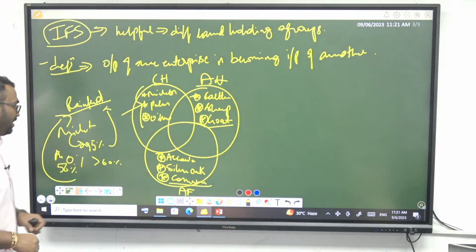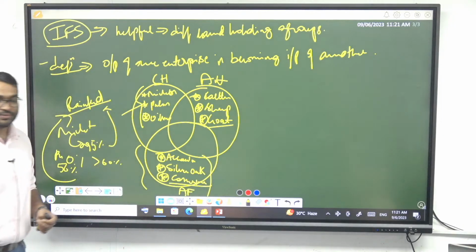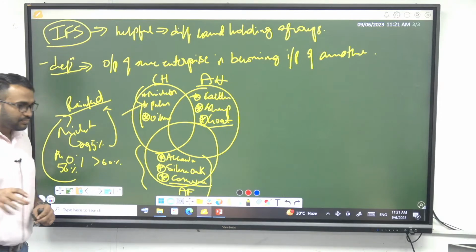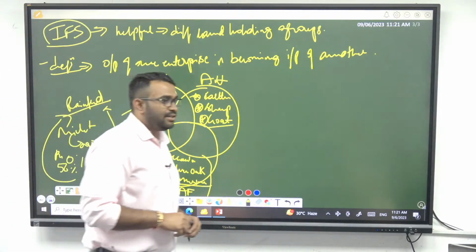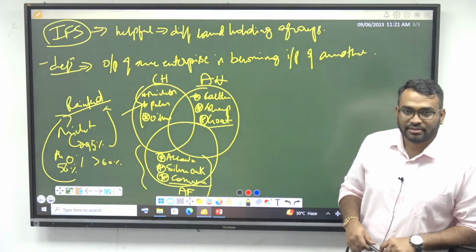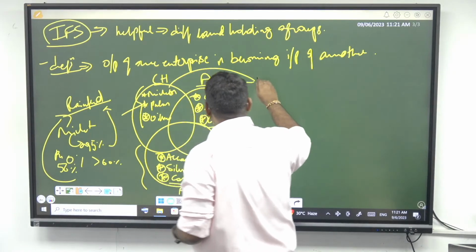What I suggest is that you remember at least 10 examples of forestry species. When you write the answers, you will say that it helps in groundwater rejuvenation and that soil erosion can be arrested, etc. But if you are not giving examples, it will be a very generalistic point. So examples are important. Now, what is the output?